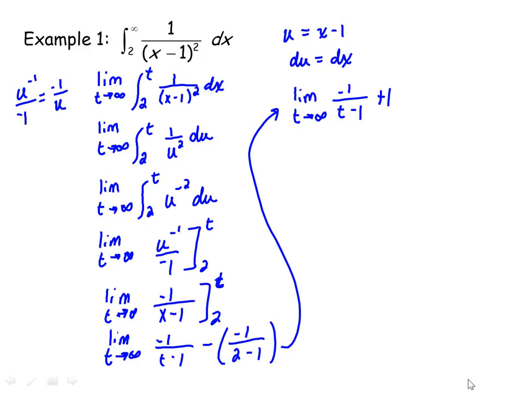So applying the limit, we're going to get negative 1 over (infinity minus 1) plus 1, which is negative 1 over infinity. What is anything over infinity? Anything over infinity is 0. Plus 1 is 1.